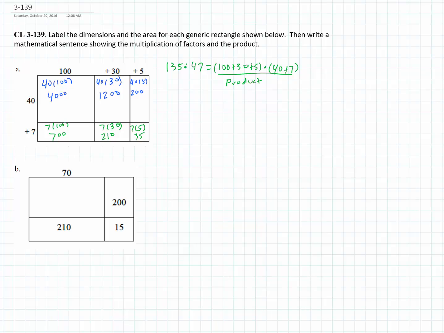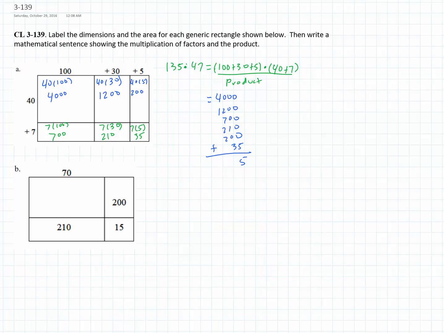Next, we're going to have equal to the sum, or the different parts of the different smaller rectangles. So we have 4,000 plus 1,200 plus 700 plus 210 plus 200 plus 35. Okay, we'll add that up.